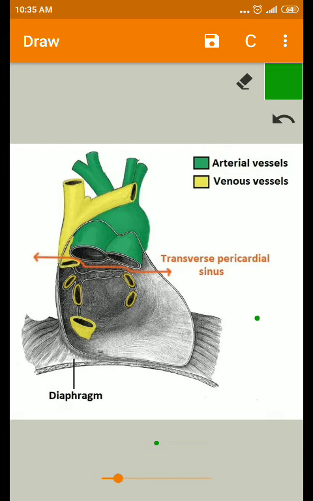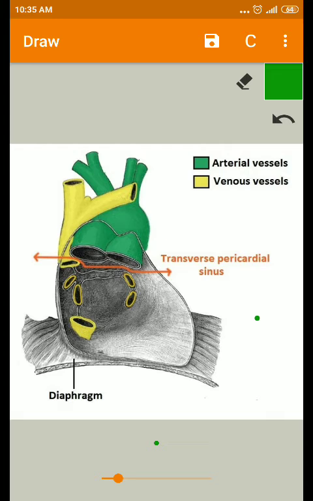Normally those grooves lodge the blood vessels. The two layers are continuous with each other at the roots of the great vessels, and the pericardial cavity is the potential space present between the parietal pericardium and the visceral pericardium.